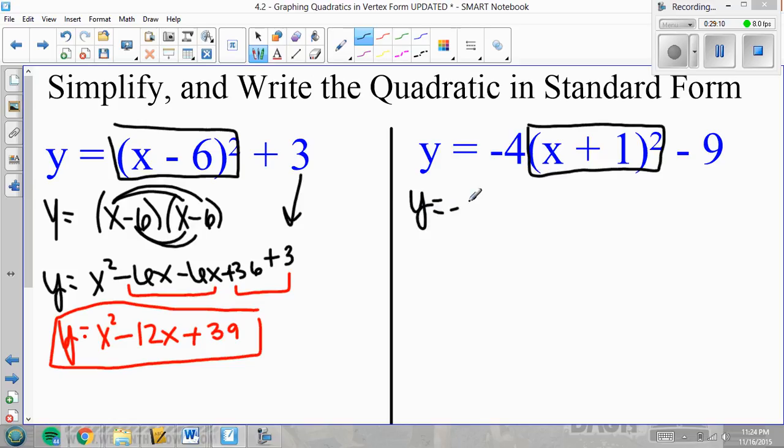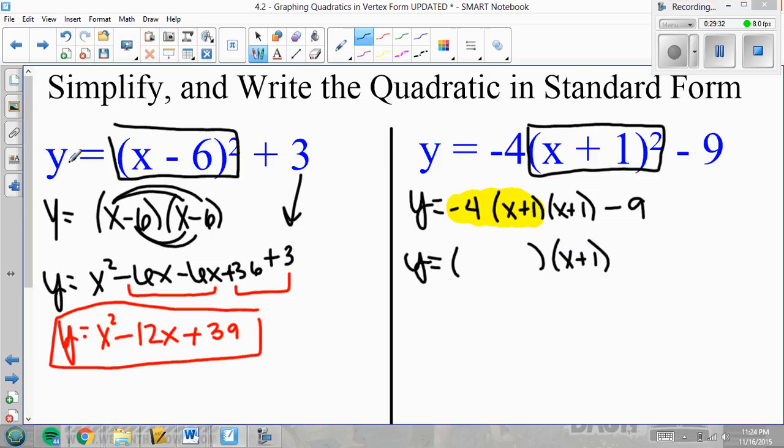So we have negative 4 x plus 1 times x plus 1 minus 9. Okay, so now I want you to do this at your seat. Remember, you want to do the first two terms first. Okay, and you will just drop that down, whatever you get, and then you're going to drop down the rest. And then it's going to look just like the problem we did over here. So I want you to do this one at your seat.